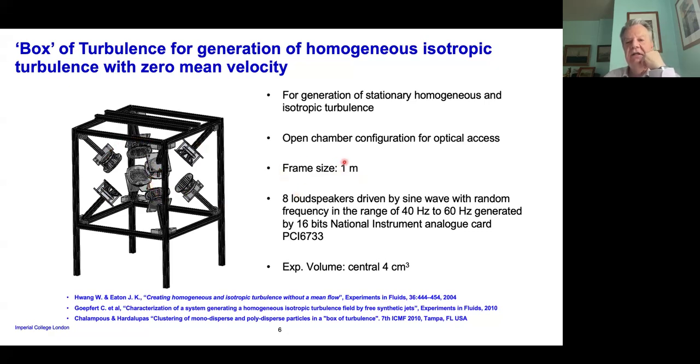The frame is about 1 meter, and the logic is that you drive the loudspeakers at some frequency within the range of 40 to 60, and in the middle of this facility we could have a volume in the center of the order of a 40 millimeter cube or even a bit larger.